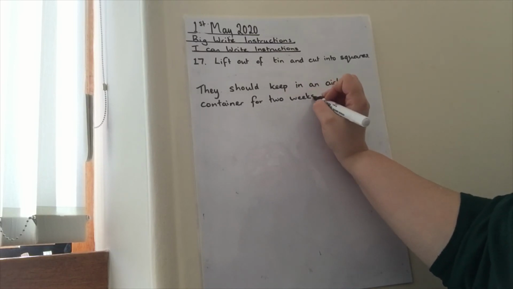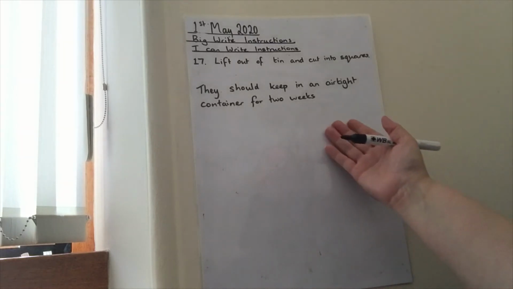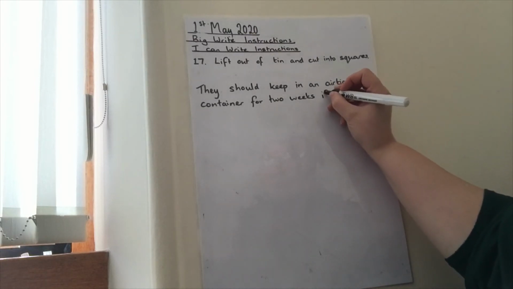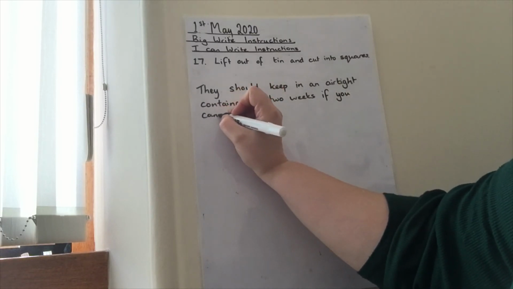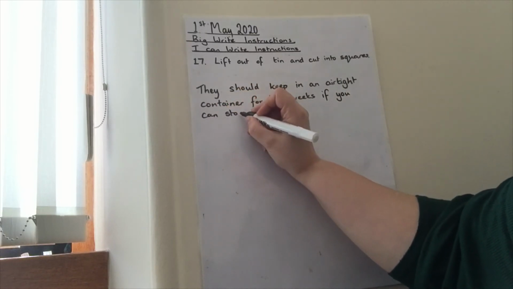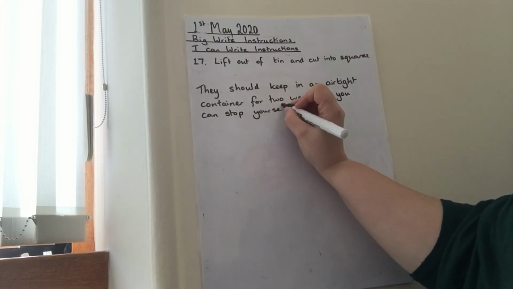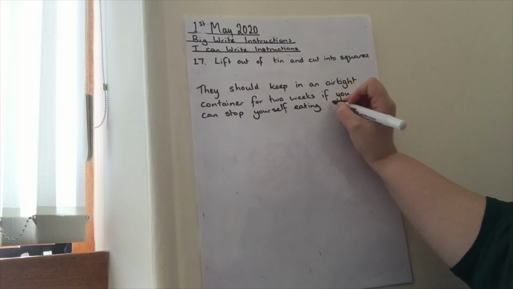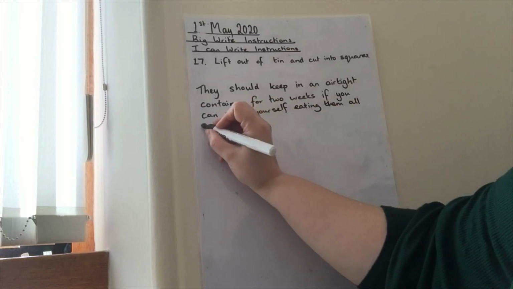So in this case, because they're talking about my methods about making yummy chocolate brownies, I've said they should keep in an airtight container for 2 weeks. If you can stop yourself eating them all straight away.